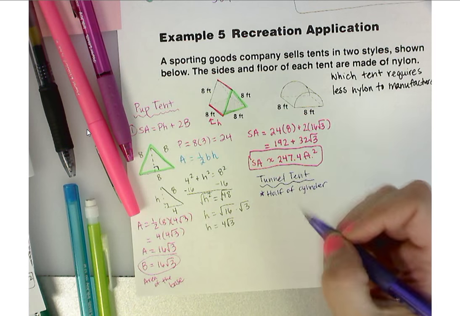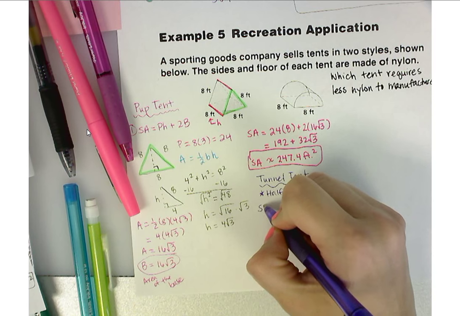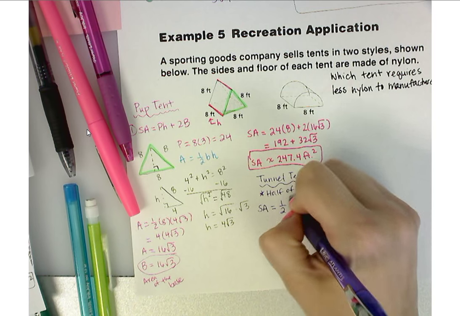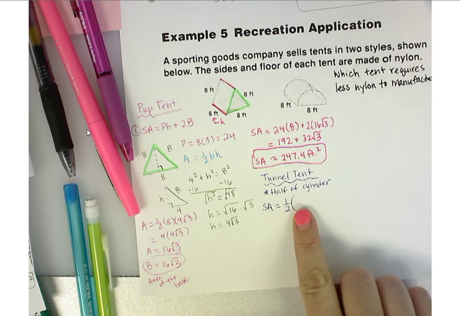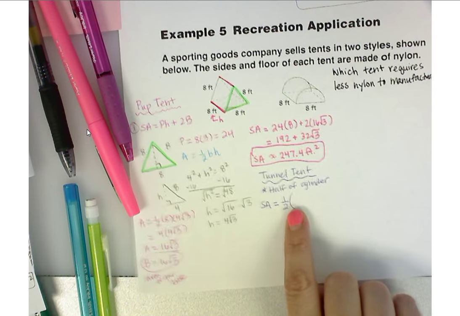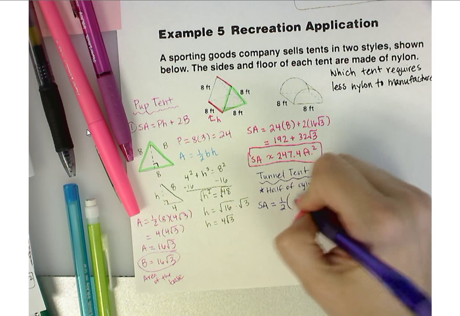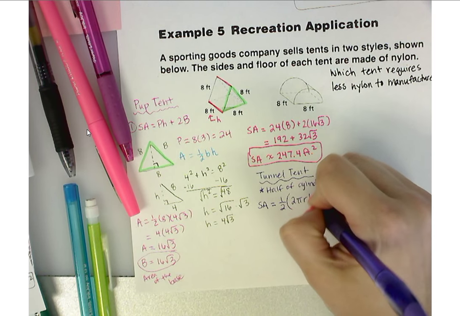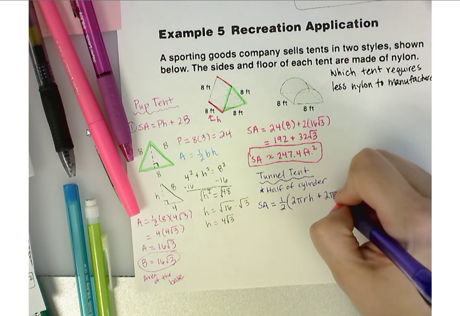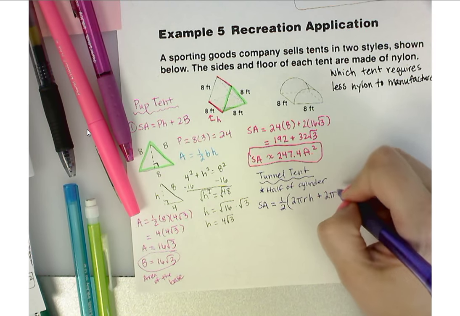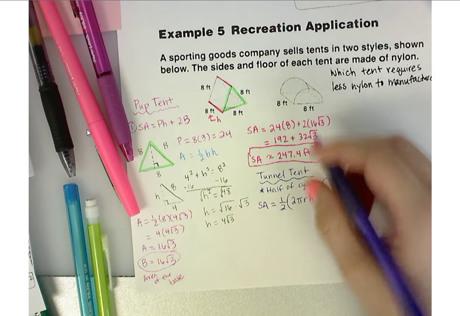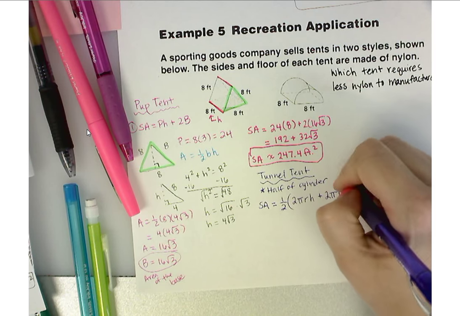Okay, so the surface area, I'm going to do 1/2 multiplied by my equation. So remember the equation for your lateral area is the 2 pi RH. And then you're going to add that to 2 times the base. We will, and then we'll convert it. So you have 2 pi r squared.